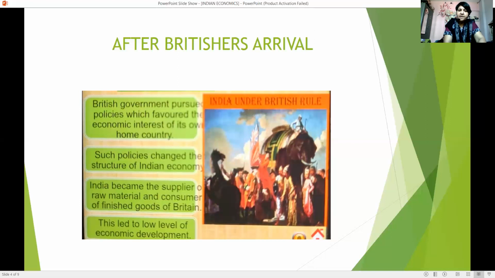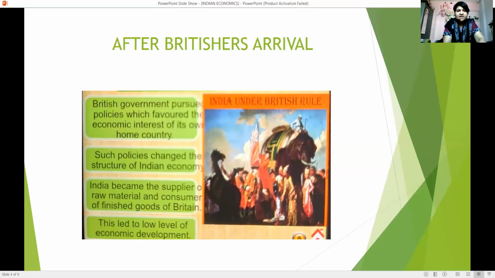Third thing: what happened to India when they changed the policies? If I'm talking about the agriculture sector or the industry sector, everything was ruined, and India only became the supplier of raw materials and consumer of finished goods of Britain. That is, it became an importer of finished goods made by the Britishers in their home country and an exporter of raw materials.